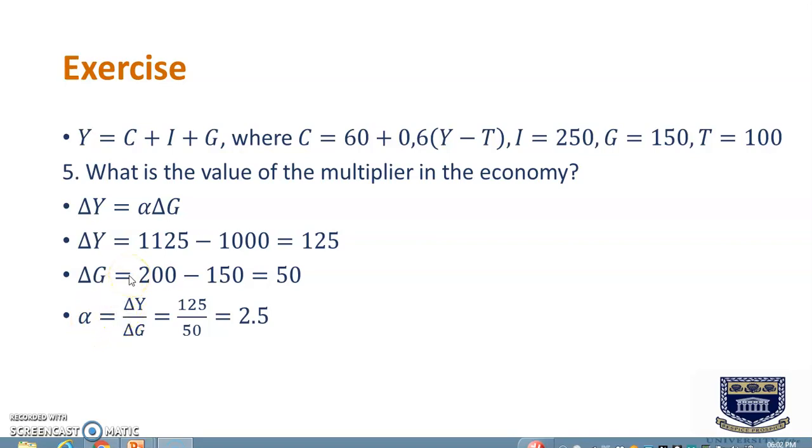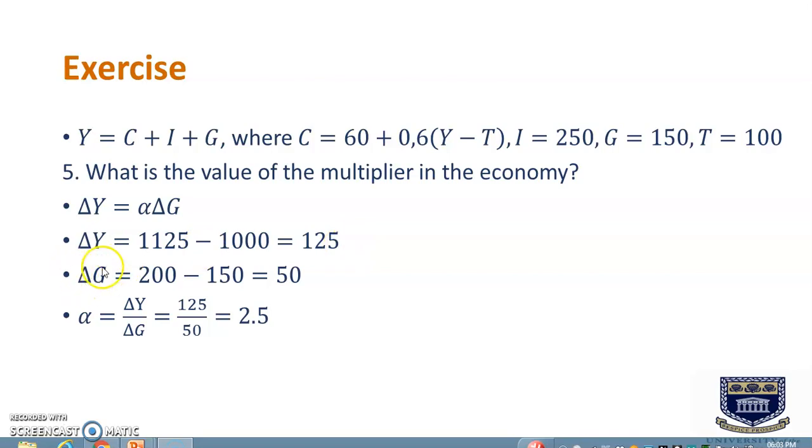So in order to solve for alpha, you have to make alpha the subject of the formula. So let's see what we have. We know from the previous questions that when government spending was equal to 150, the equilibrium level of income was 1,000. And when government spending changed to 200, the equilibrium level of income became 1,125. Hence, the change in Y is going to be equal to the new equilibrium level of income minus the old equilibrium level of income, and that is equal to 125.